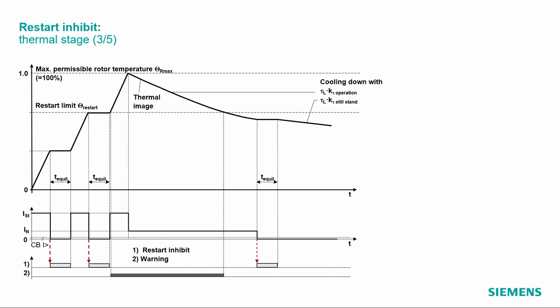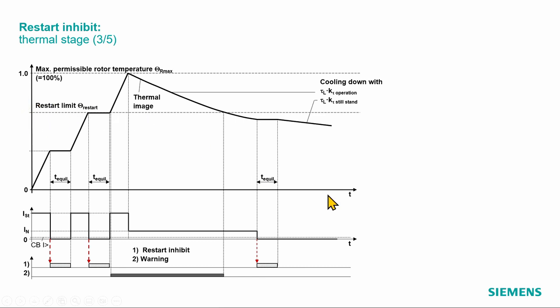Yeah, and here it's another example. Here I have, as a difference, the motor here is running longer than the temperature needs to go under our threshold here, under our limit. So here the warning will be active, and when I switch off the motor here, then it's switched off when this restart limit temperature is already undershot.